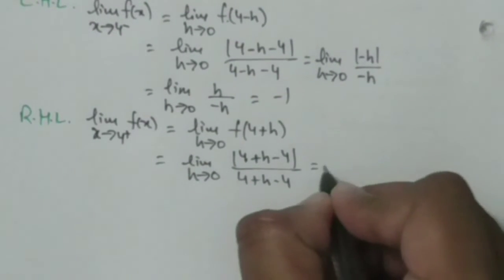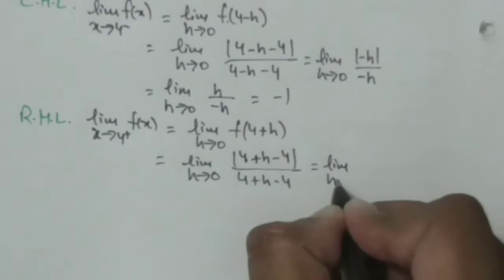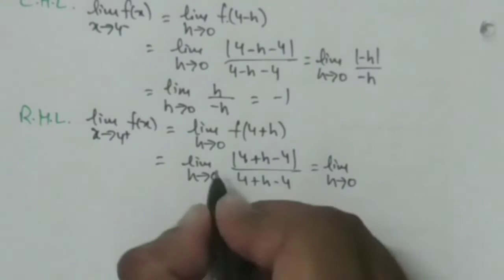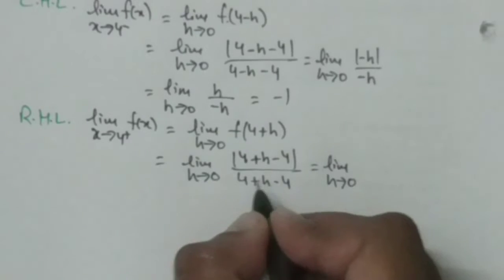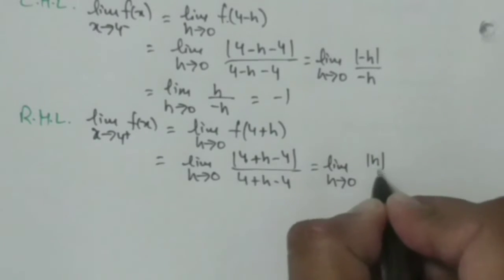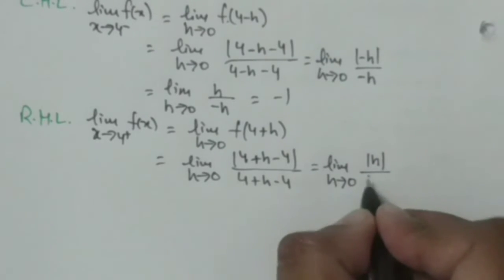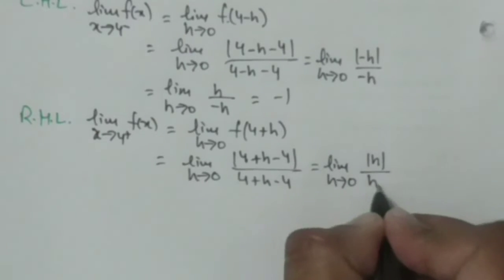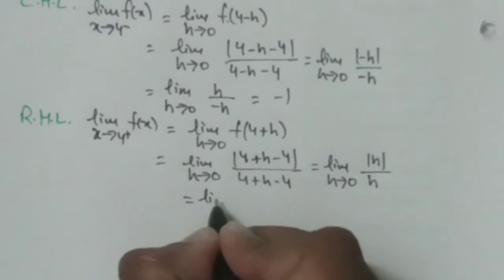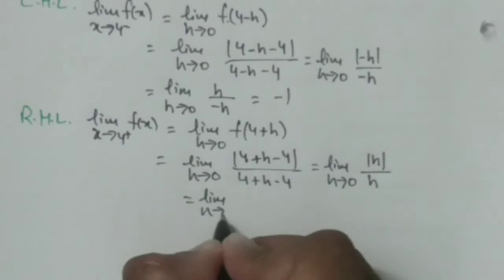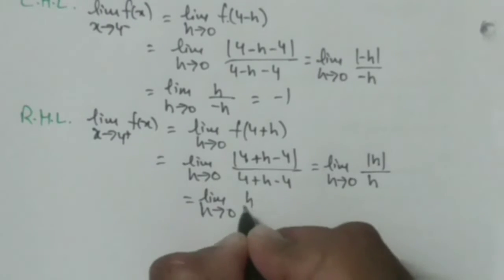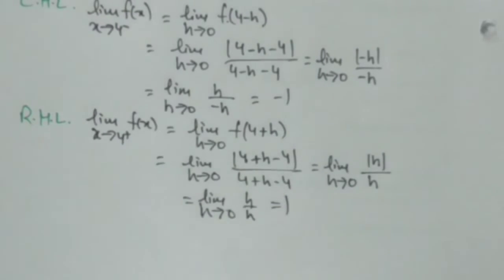And it will be equal to limit h tends to 0 of mod h, since 4 plus h minus 4 is h. So it is equal to limit h tends to 0 h upon h, which is equal to 1.